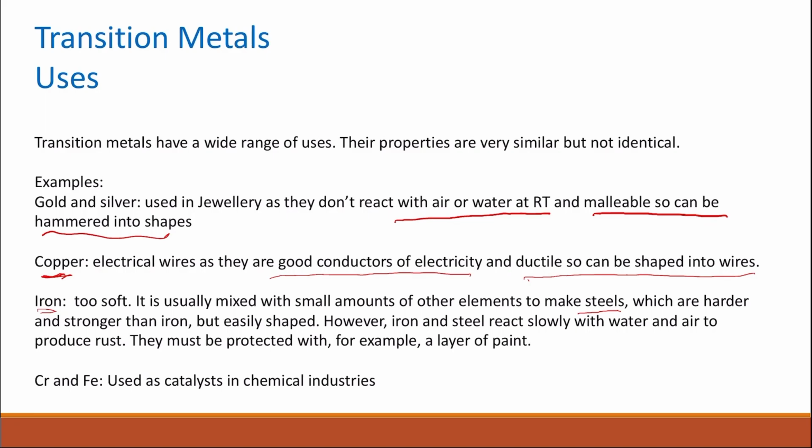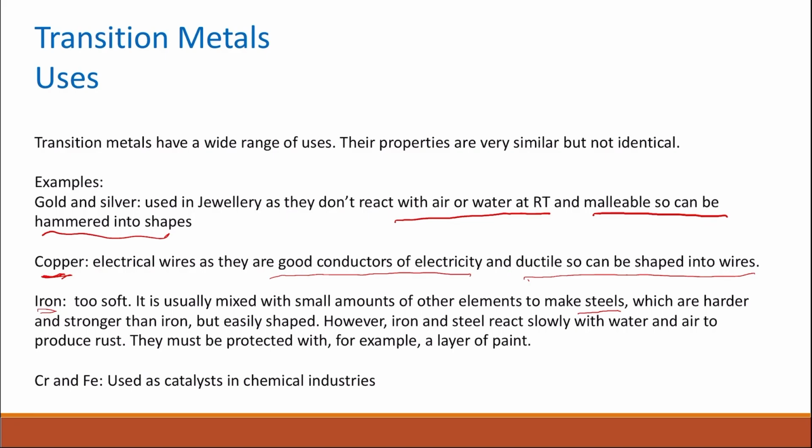And also it can easily be shaped, so we can use steel in different ways. However, iron and steel react slowly with water and air to produce rust. So this is a problem of iron.